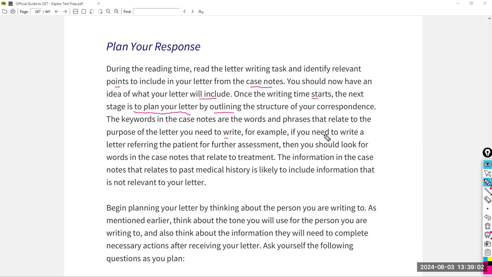For example, if you need to write a letter referring the patient for further assessment, then you should look for words in the case notes that relate to treatment. The information in the case notes that relates to past medical history is likely to include information that is not relevant to your letter.